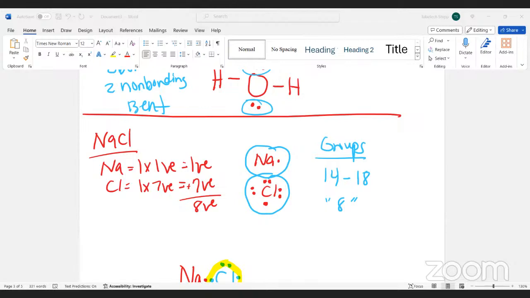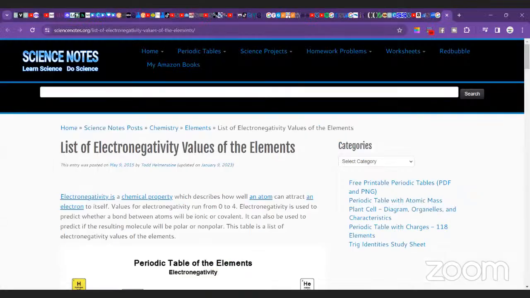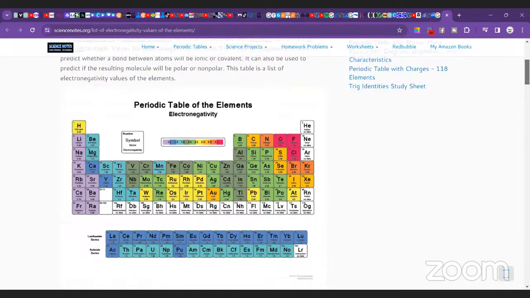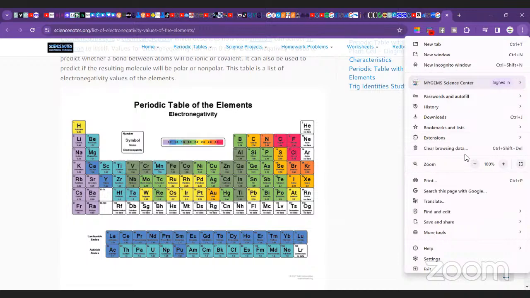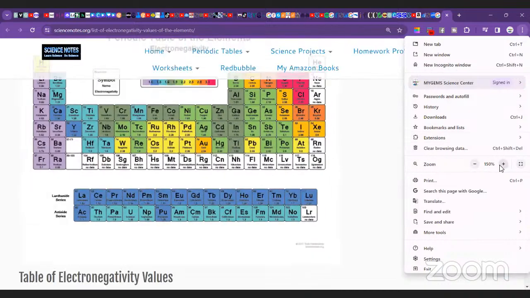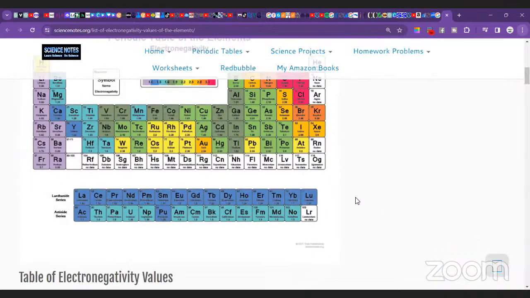Okay, so you all can see what I mean by that. I got one up so I can show you all right here. Yes, atomic radius, that's perfect. As you can see, this is an electronegativity chart. It tells you the values of different elements, and all you would have to do is subtract the numbers.